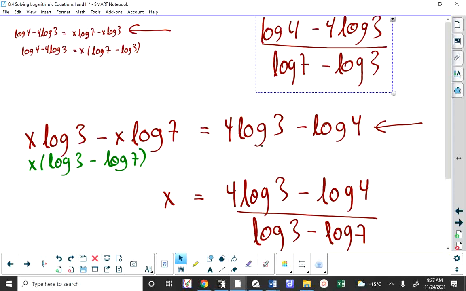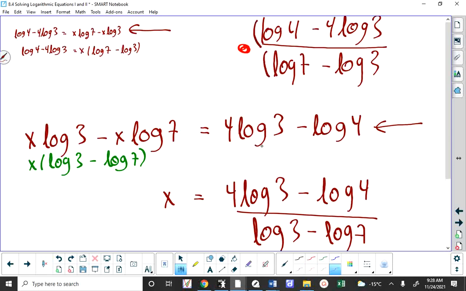I'm pointing that out because sometimes you will do a question like this, get this answer, and then maybe it's a multiple choice question and you look down and it's not there. Well, you need to recognize that if you multiplied your answer by -1 over -1, which is equivalent to 1, everything's going to flip and become the answer that you see in the multiple choice. Okay.